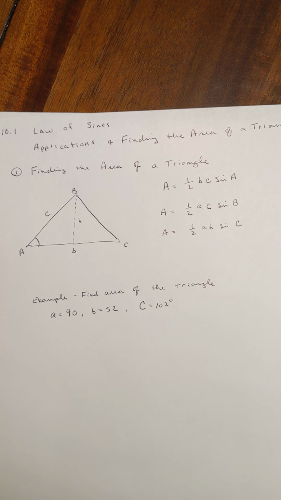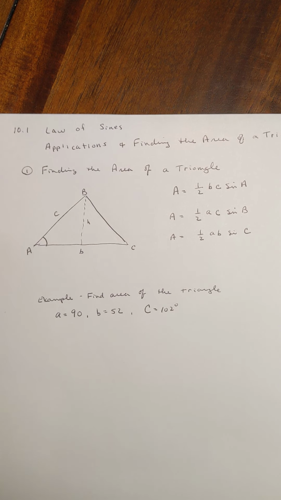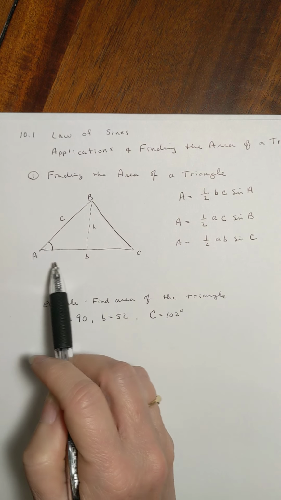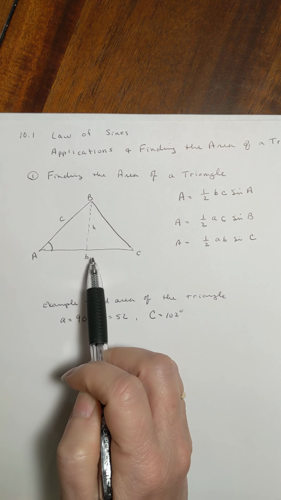All right, so now the last thing is applications and finding the area of a triangle. If you notice, the area of the triangle is one half the base times the height.